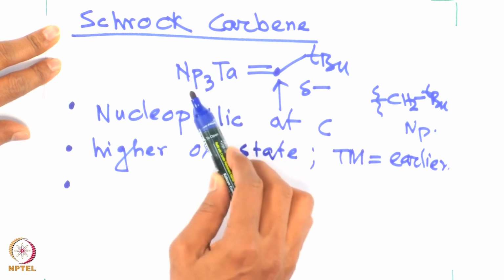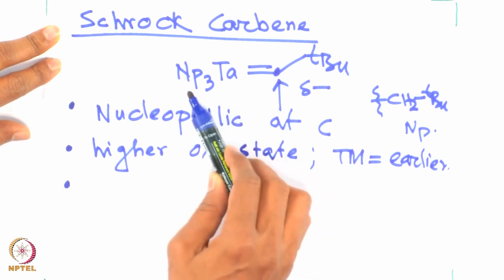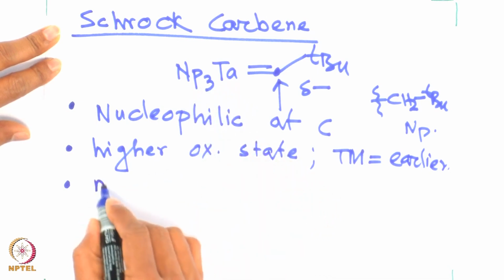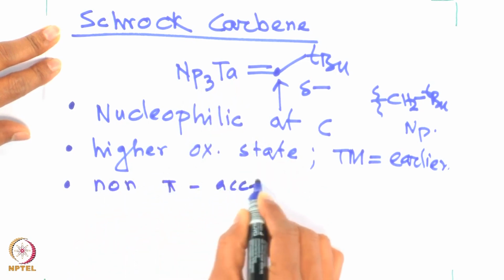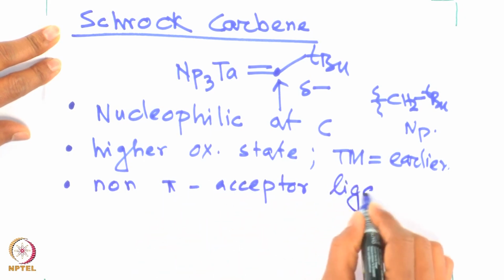This is not a pi acceptor ligand unlike carbon monoxide. So, a non-pi acceptor ligand is directly attached to the metal center. This is very characteristic of your Schrock carbene.